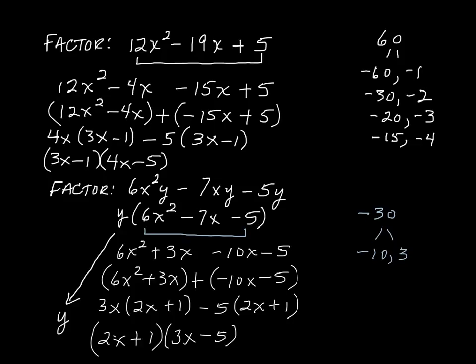All of that times this y that we brought down. So your final answer is y times 2x plus 1 times 3x minus 5. Don't forget the y or whatever your GCF is.